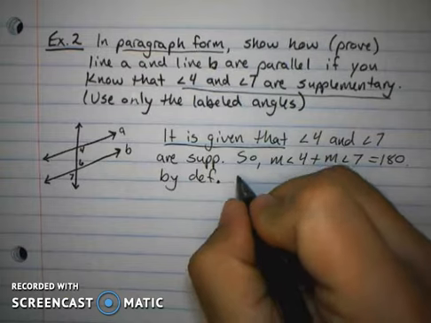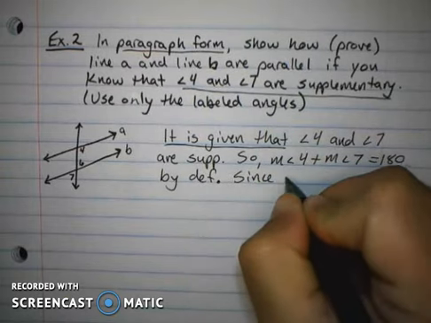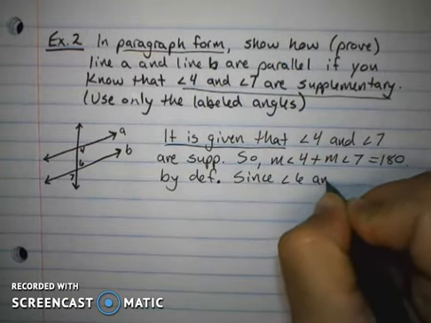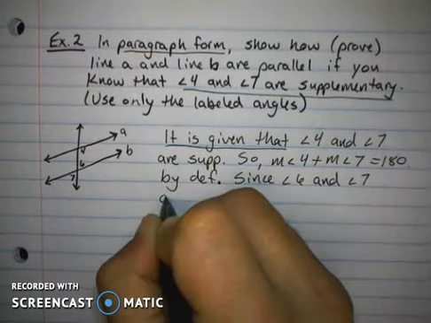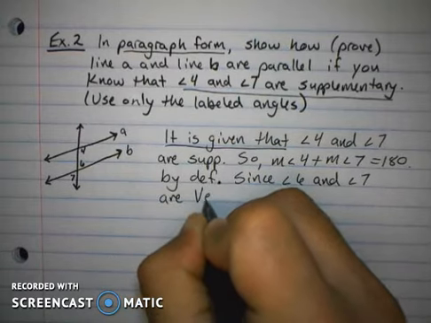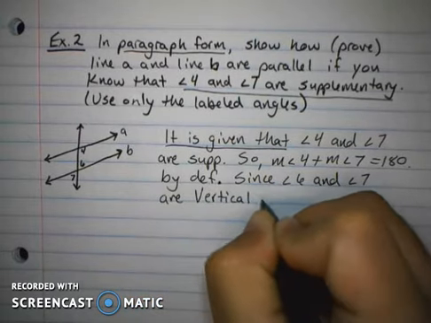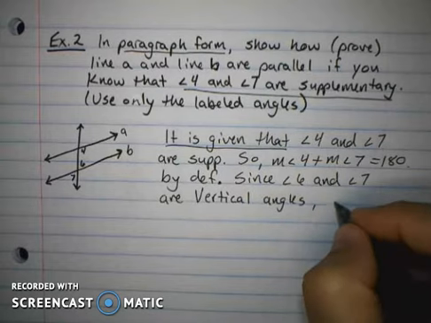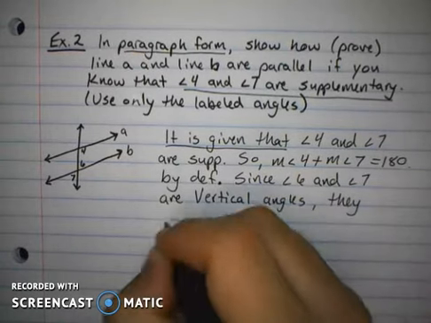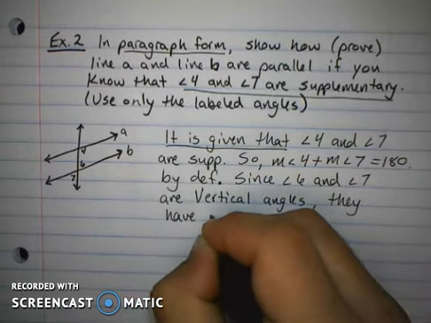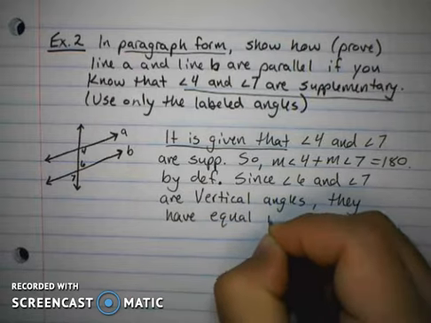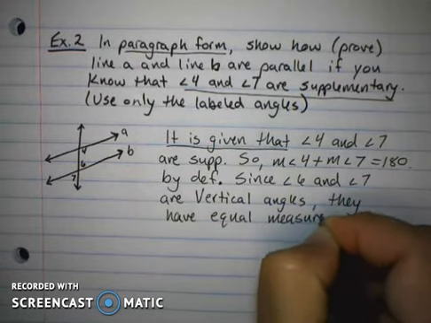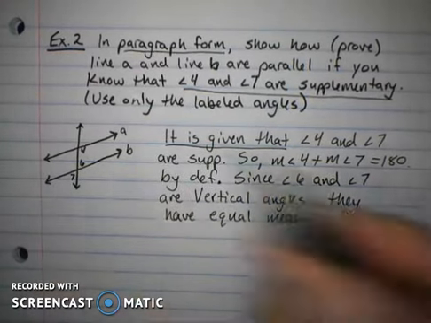So we can say, since angle 6 and angle 7 are vertical angles, they have equal measures, because they're also congruent.